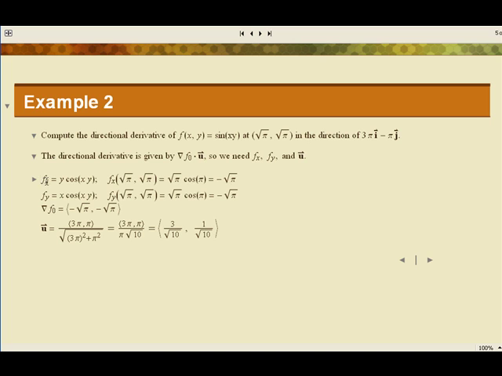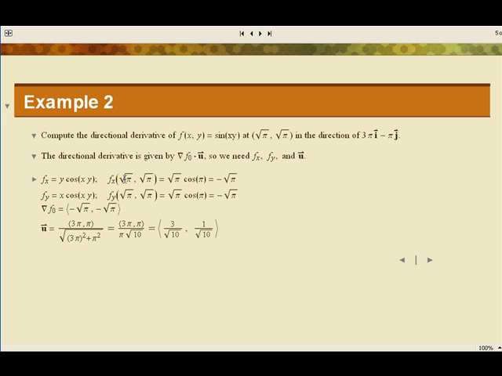So here's the partials. So I get partial with respect to x. So this is going to be the cosine of xy times derivative of the inside. So with respect to x, the derivative of the inside is just going to be y. So I get y cosine xy. Partial with respect to y, same thing, cosine of this times derivative of the inside, so that gives me the x times cosine xy.